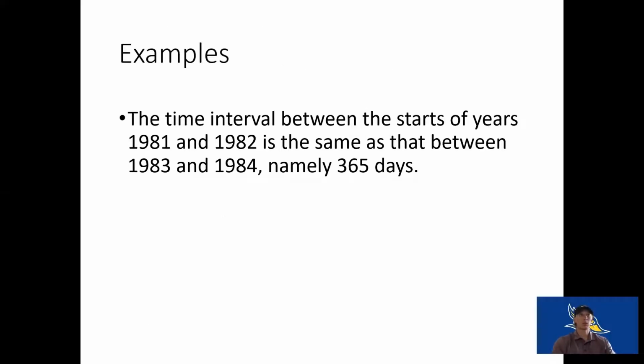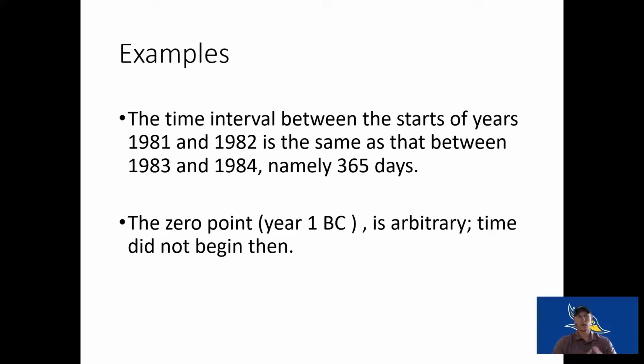Some examples here, we think about times or different values within our days, or a 0 point. If we say that 0 is 0, and then 1 year later is 1 AD, and then 1 below is 1 BC, that 0 is arbitrary. It's arbitrary on that number line. It is where we picked as 0.